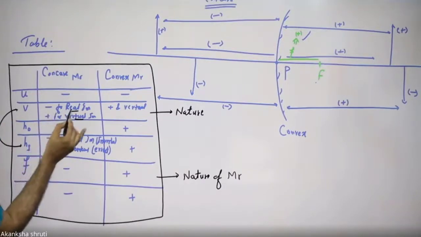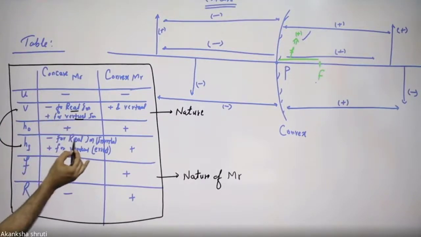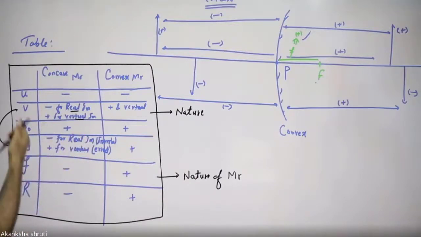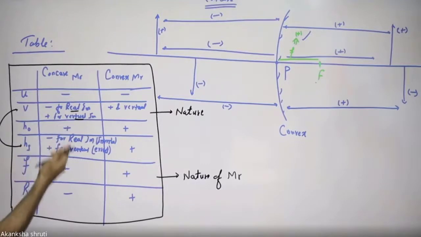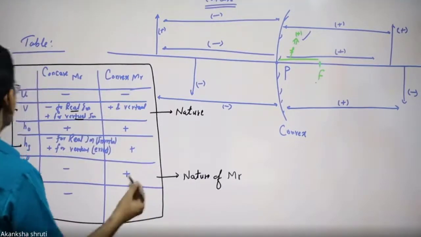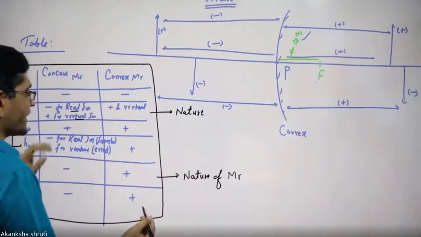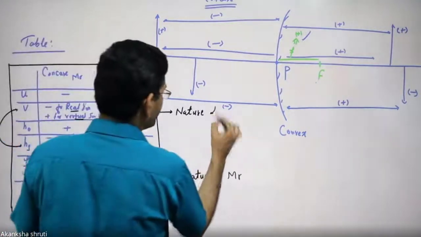If it is real, surely it will be on the left hand side, and it will be inverted, so it also follows. V and HI also follow the same order that we are getting. So this V or HI gives the nature of the image.